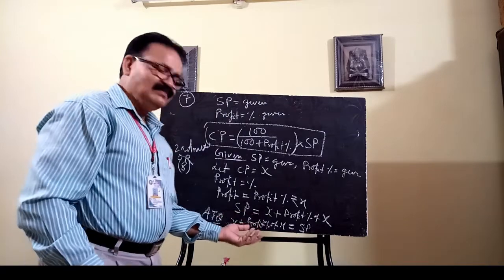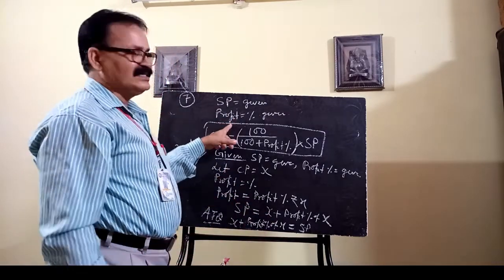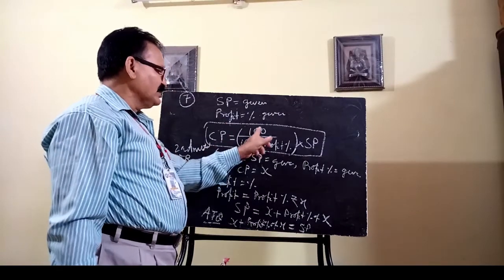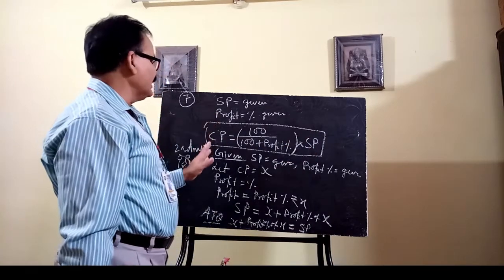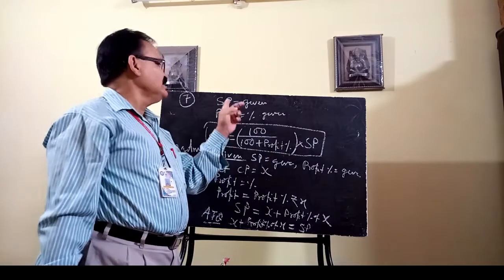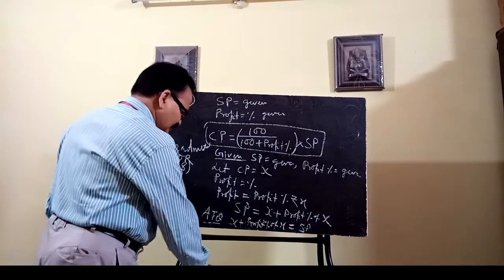Then you solve, you will get the value of your x. But if you use this formula, that is CP can be directly calculated as 100 by 100 plus profit percent into SP, you get the CP directly when SP is given and profit percent is given. You must note it down.